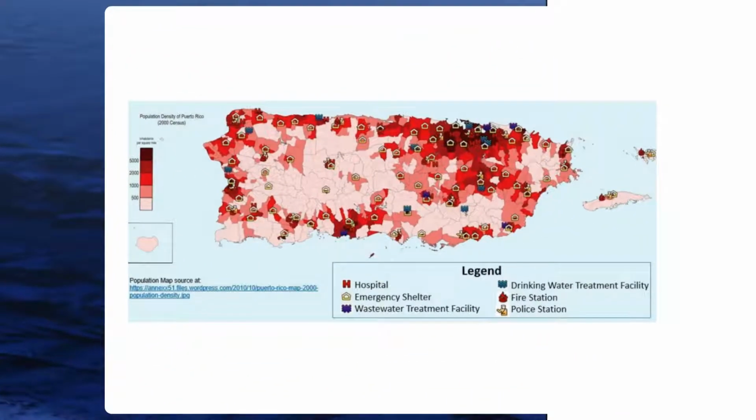In aid of justification, this Google Pro display shows where our buses and generating units are located, and helps in explaining why we selected those areas. As you can see, at our top right, the population is most dense, where you have the majority of commercial buildings such as hospitals, fire stations, police stations, water treatment facilities, and the list goes on.